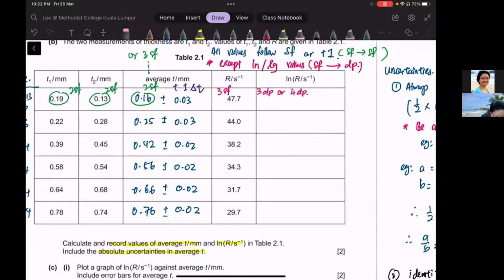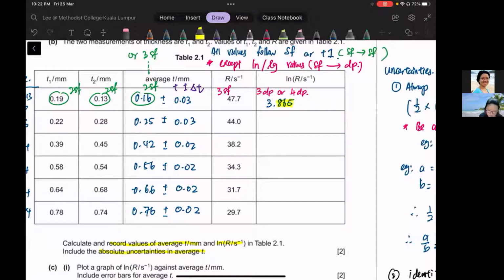Let's say I write to 3DP, so this will be 3.865. What is significant or meaningful to your log and ln is not the first number. Not that the first number has no meaning, but it simply tells you that your exponent is to the power of 3. What is important is at the back.